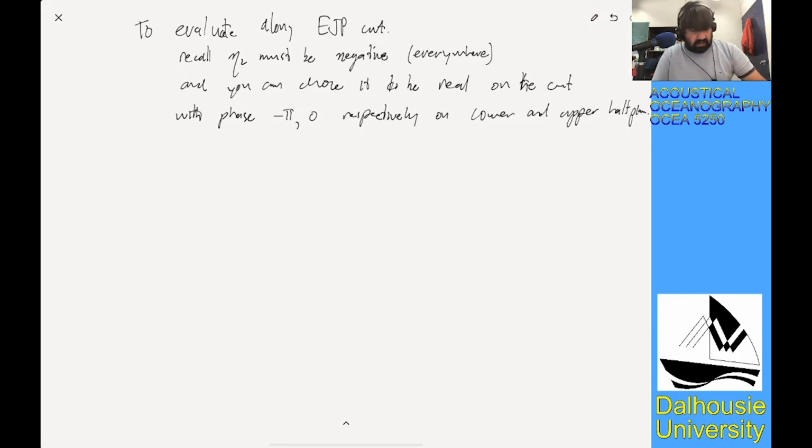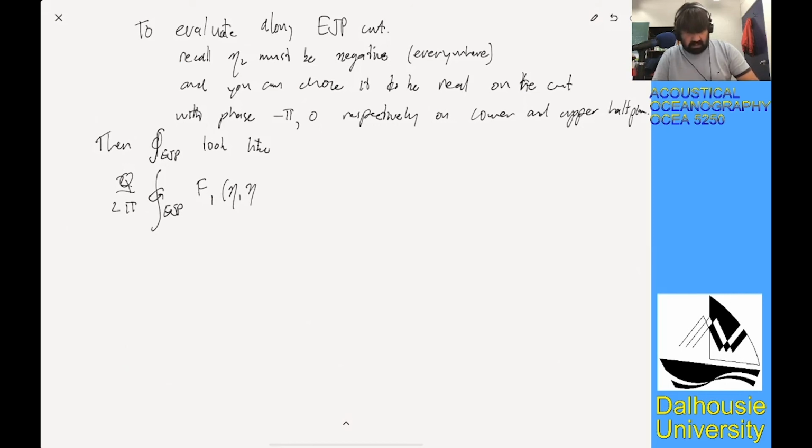And so that causes the integral to look like q over 2 pi, with the cut that we've defined, f1 eta 1 eta 2, and then we have the e to the i p x dp.